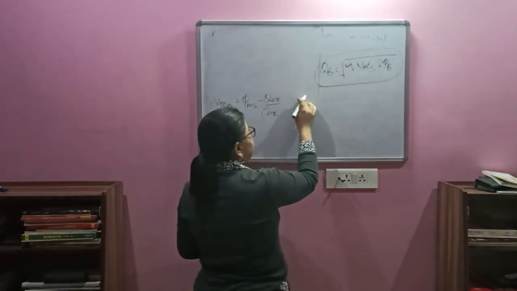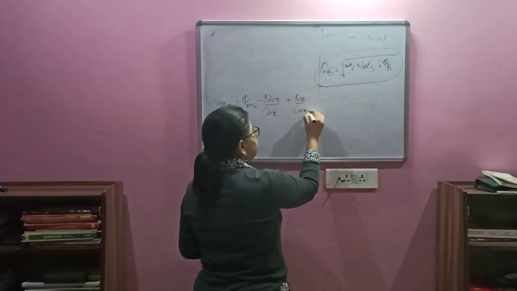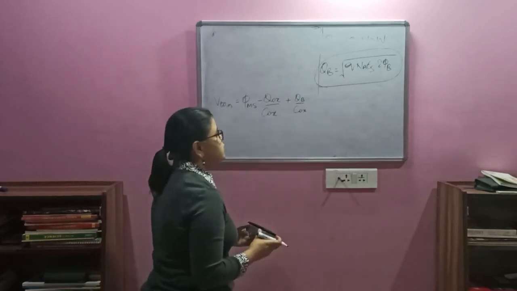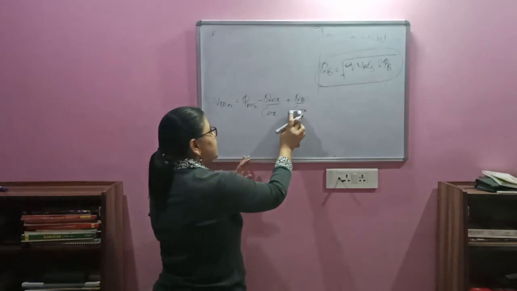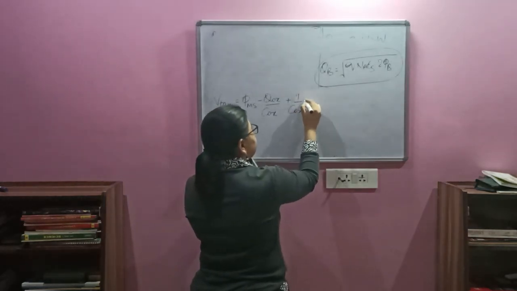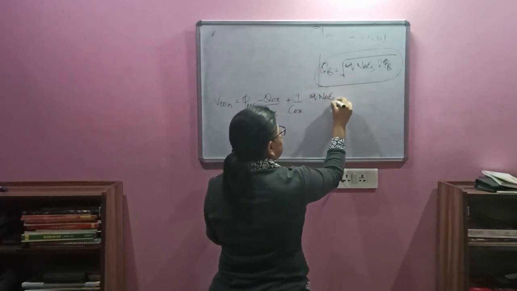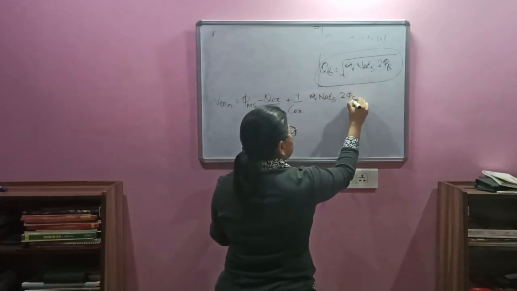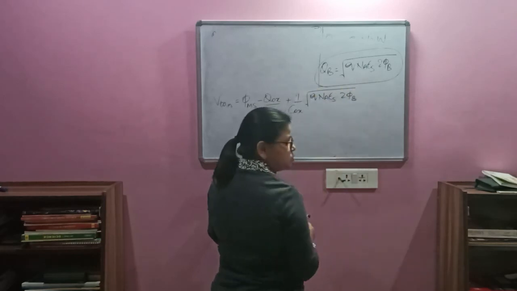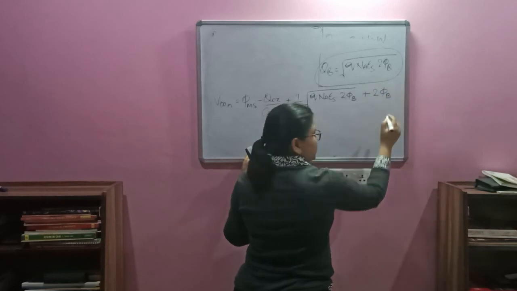Now we know that we have a term over here as plus QB upon C oxide. So rather than writing this plus QB upon C oxide, I will write it as 1 upon C oxide and QB in this way, q Na epsilon s into 2 phi b under root, plus twice phi b.